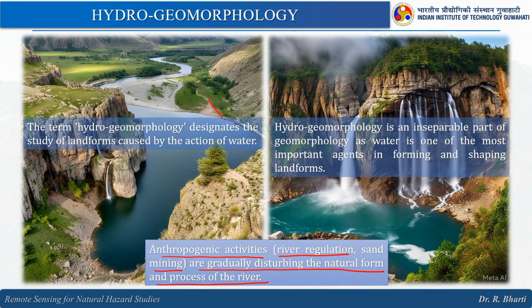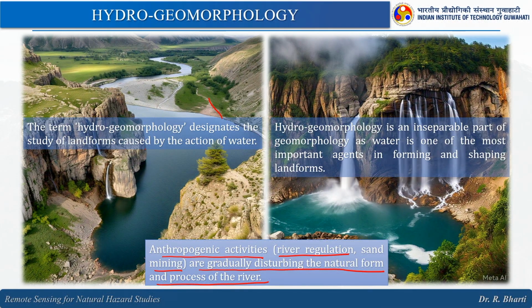What we see today was supposed to be because of hydrogeomorphology, right, because of the action of water. But since humans are very actively engaged in disturbing these natural resources, because we also need resources to sustain on this particular planet, whatever we see is not only because of the natural water action, but also because of the anthropogenic activities. So, that we need to understand before we begin, right.